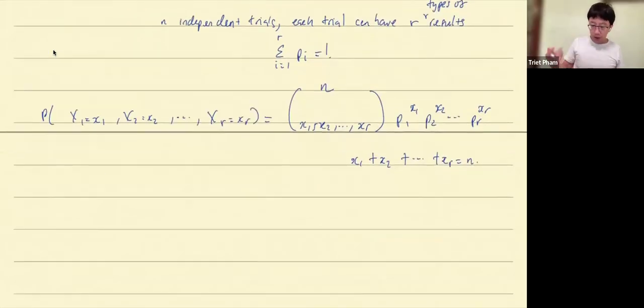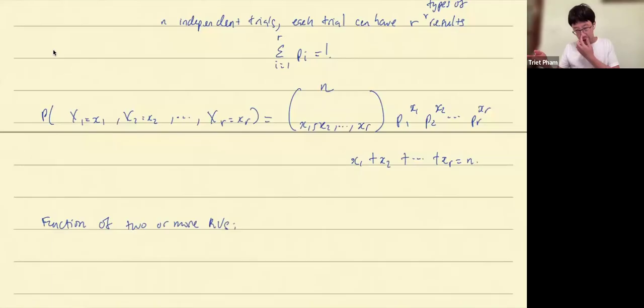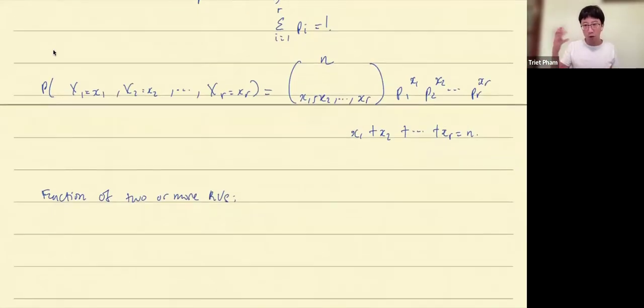The second thing is along the line of functions of two random variables. We talked about a function of a random variable and how to find the density of it. But now we talk about a function of two or more random variables and how to find the density of it.